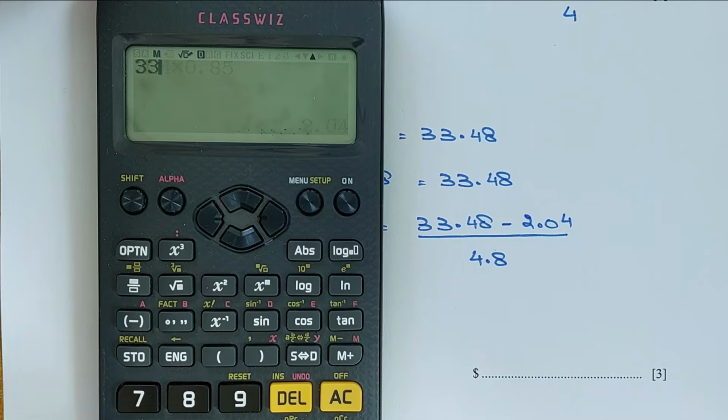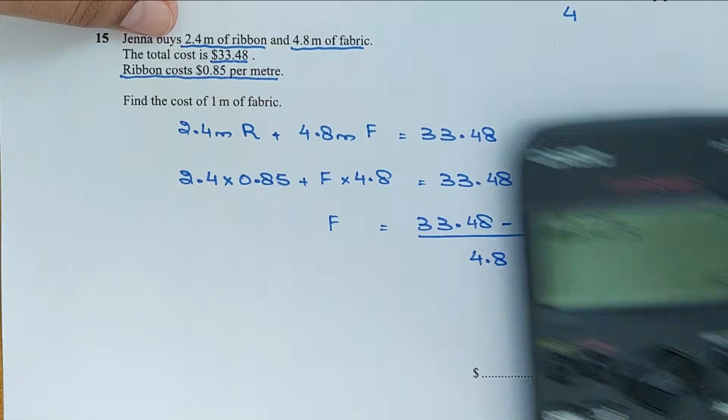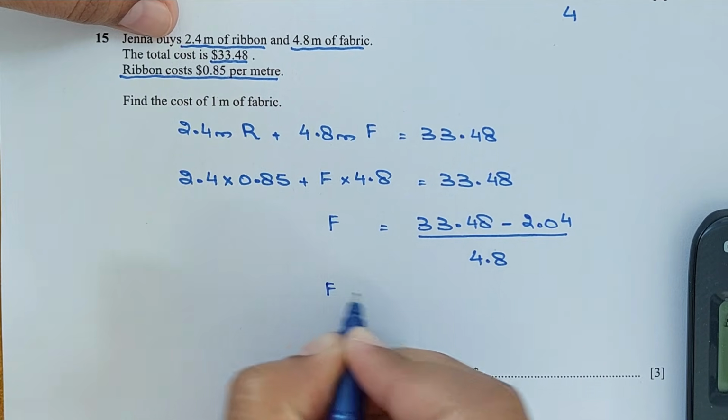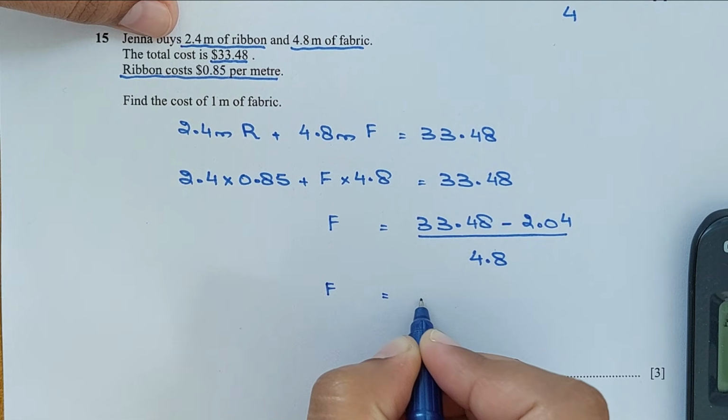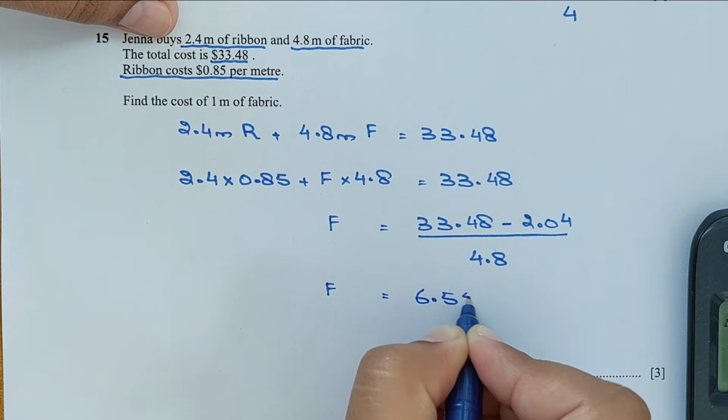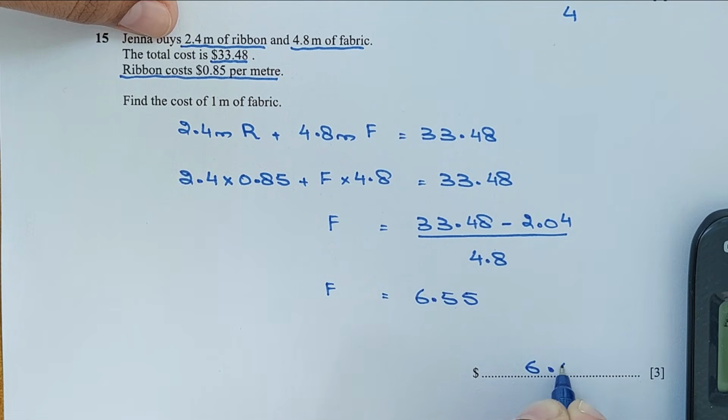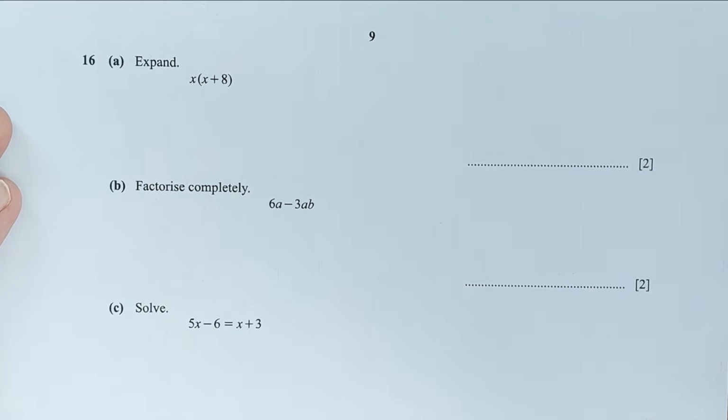Okay, 33.48, subtract answer, divided by 4.8. This is 6.55. So the cost of 1 meter of fabric is $6.55. All right.